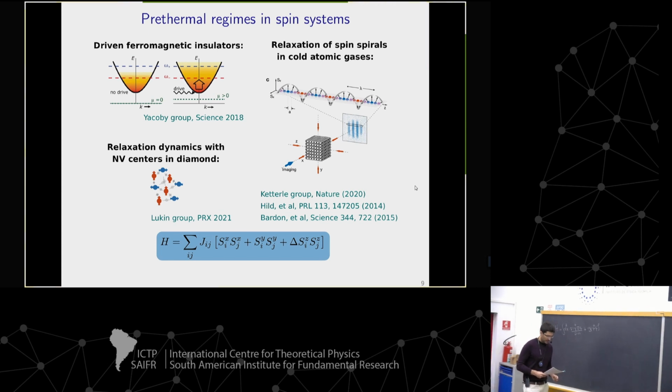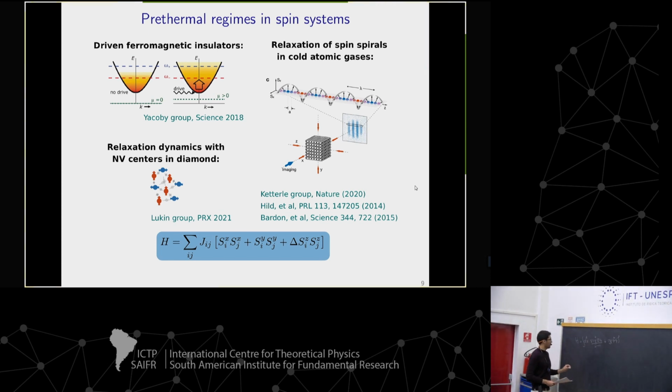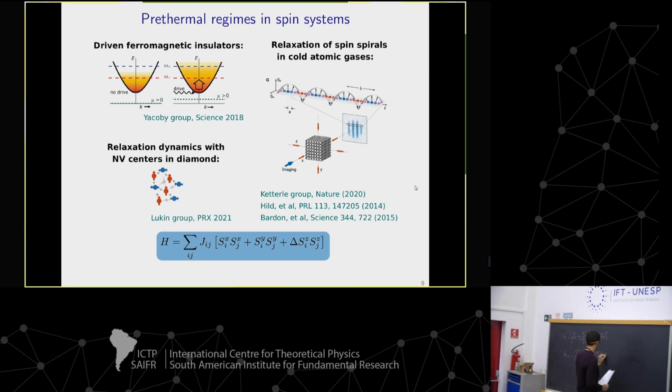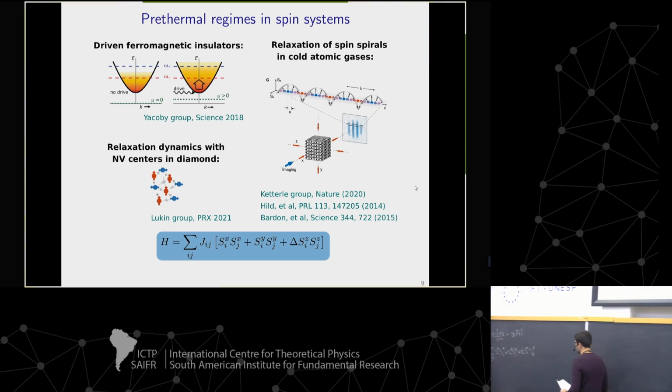So I will start with the simplest model that we can think of. I will be discussing almost entirely the Heisenberg model, which is, I would argue, one of the simplest models of quantum magnetism. What I will be assuming is that I'm working on a d-dimensional lattice.